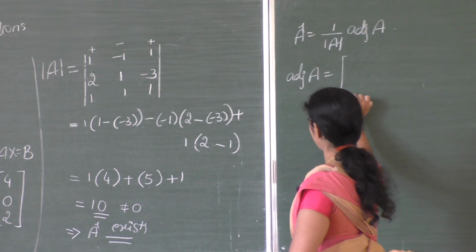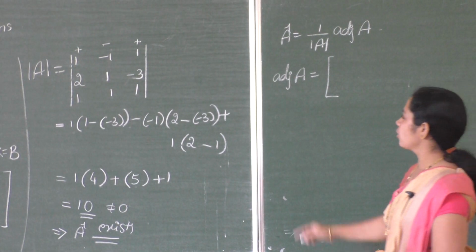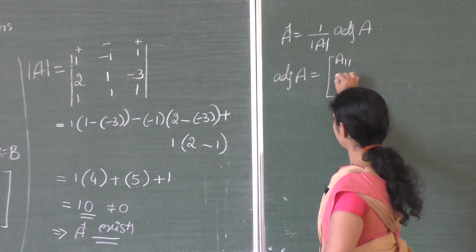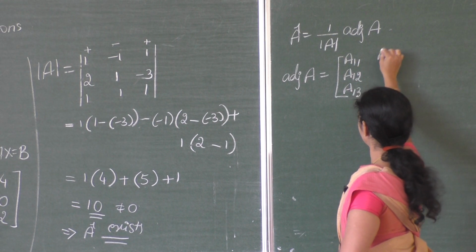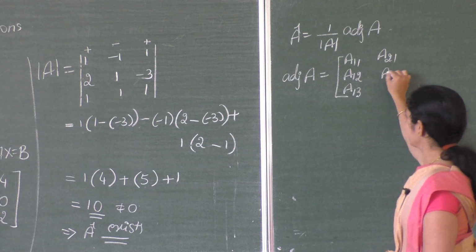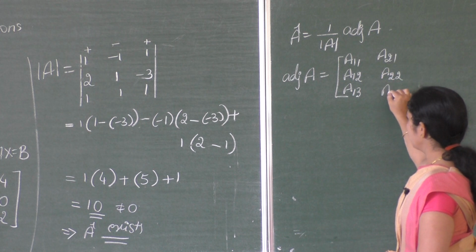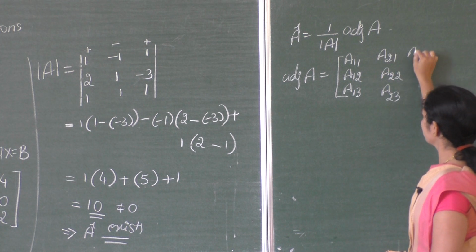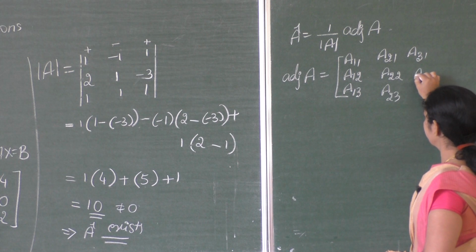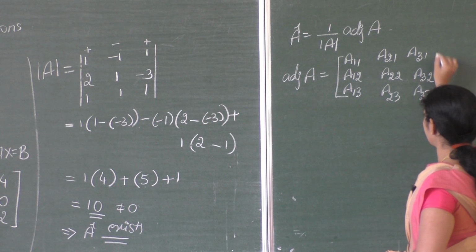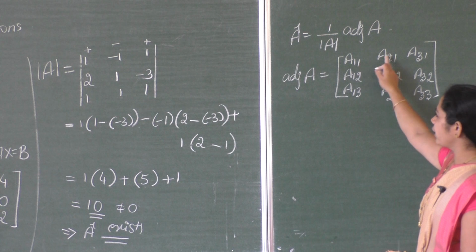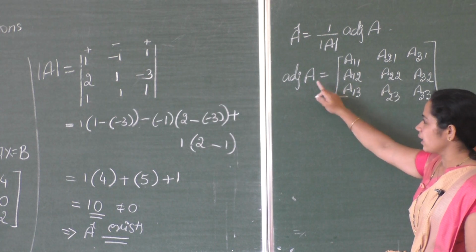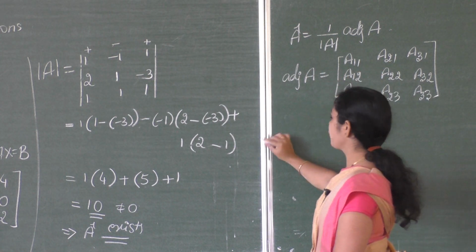Adjoint of A is the transpose of the cofactors, that is A11, A12, A13, A21, A22, A23, A31, A32, A33. Now we need to find all the cofactors, then we write adjoint of A.